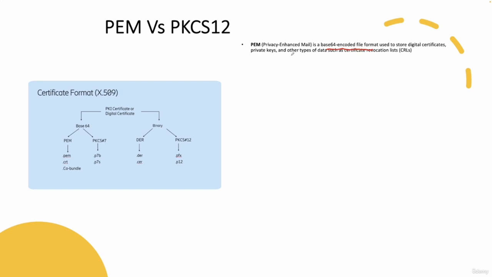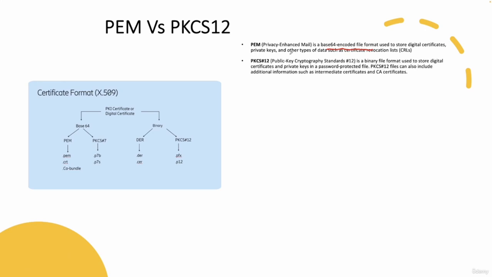You can store your private keys, and you can even store other types of data such as the certificate revocation list. Now, what were CRLs? I told you that there are certain certificates that have expired or can't be used. So the trusted CA will always create this kind of list, which is called a certificate revocation list.